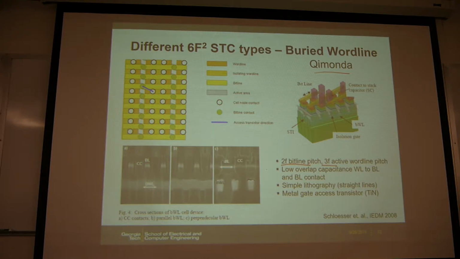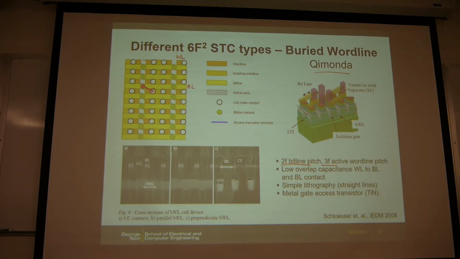Here again the color is the same definition as before. But here the bit line is the yellow one, and then you have the word line here. This is the active area, so that means the transistor source-drain direction. And again, this is the contact to the bit line, and this is the cell capacitor.